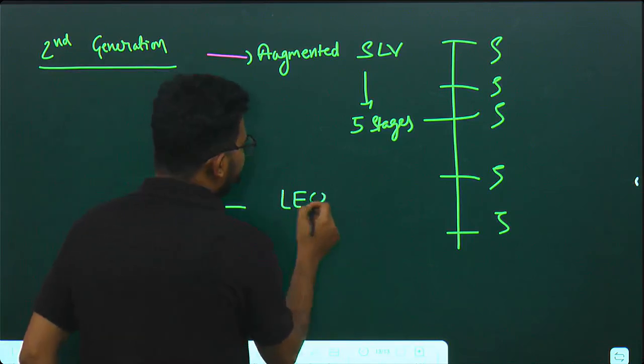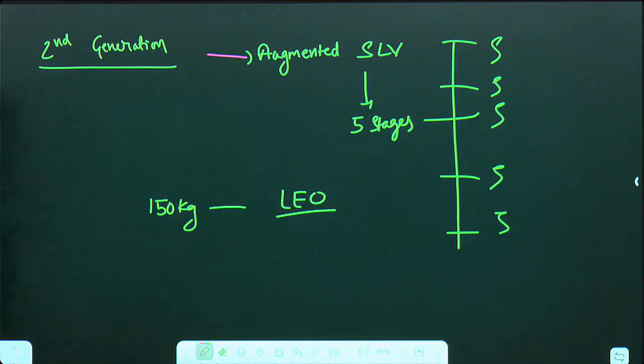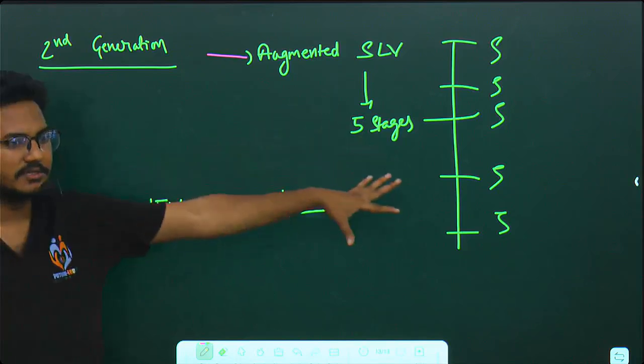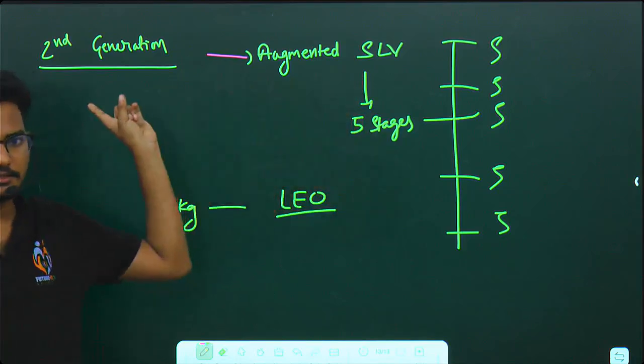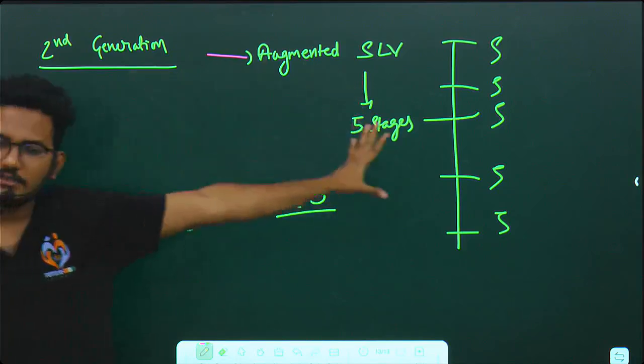So write it as lower Earth orbit, capacity 150 kgs. See, in your examination, they'll directly ask you this question: how many stages are there in second generation augmented SLV? 5 stages. All the 5 stages are solid.